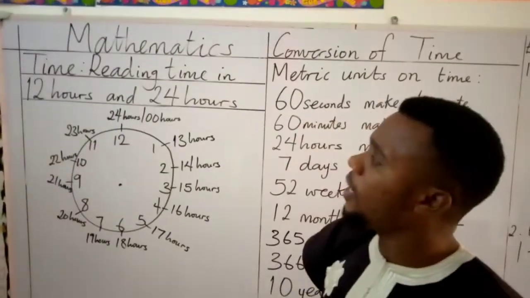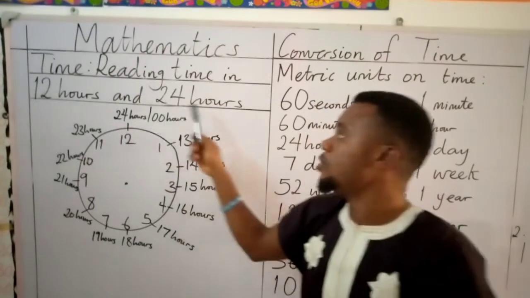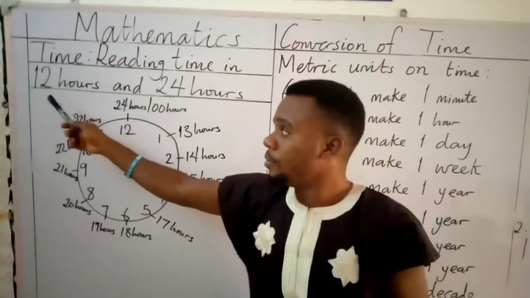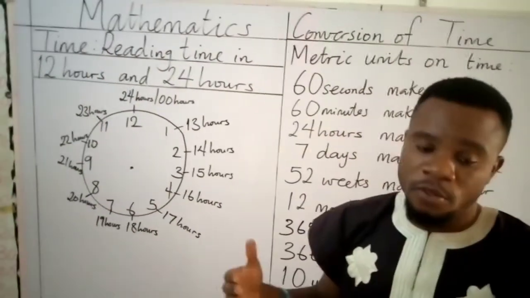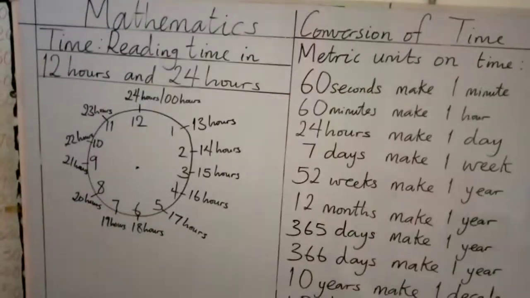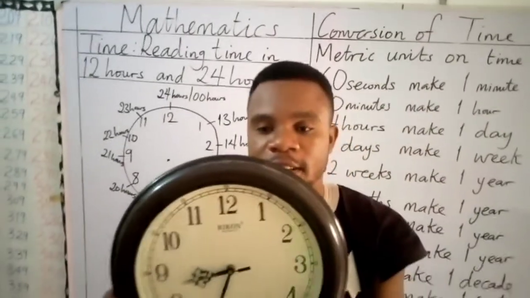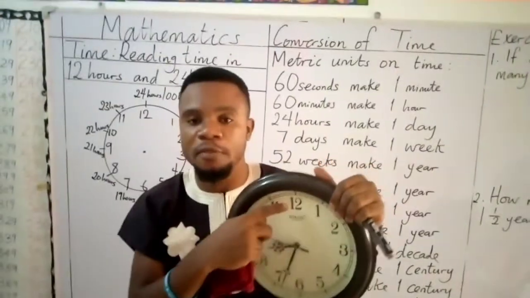So today we'll be looking at reading time in 12 hours and 24 hours. When we say reading time in 12 hours, we mean using our analog. Like this is our analog. It starts from 1 and ends in 12.